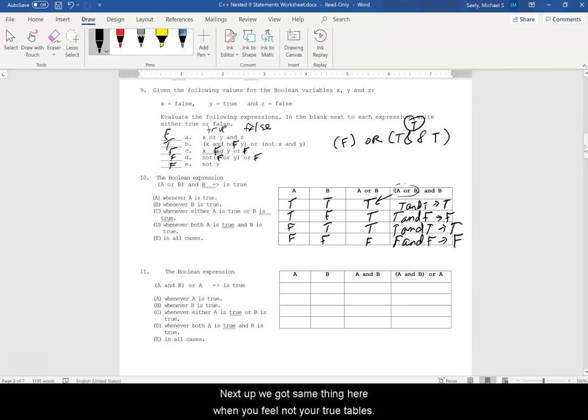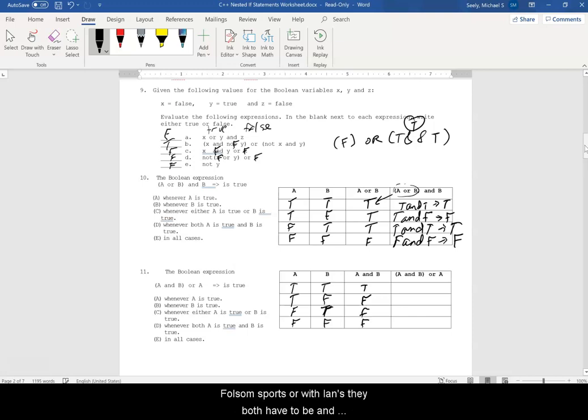Okay. Next up we got same thing here when you're filling out your truth tables. Sorry for my handwriting, it's hard writing with these pens. So you got true and true is true, true and false is false, false and true is false, and false and false is false.